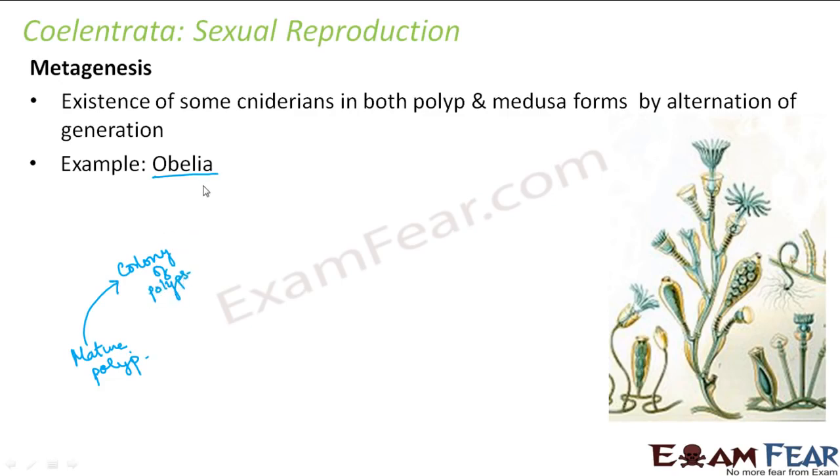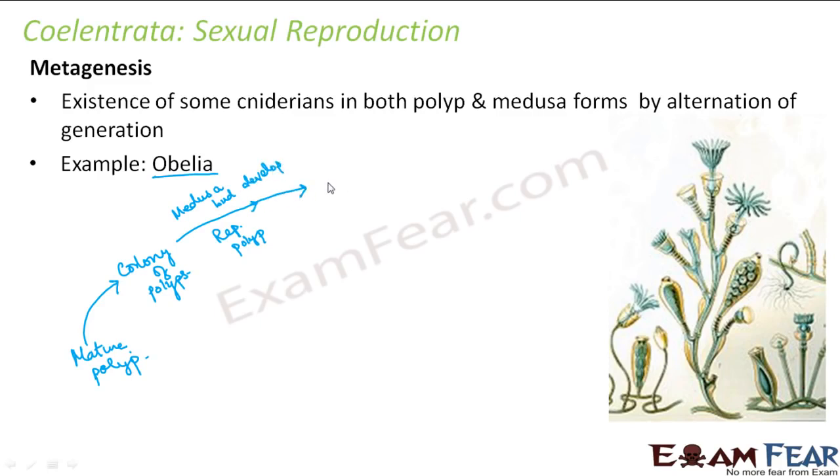Now from this colony of polyps, there will be some reproductive polyps. Not all will be reproductive, but maybe there will be some reproductive polyps. And on that reproductive polyp, a medusa bud develops.